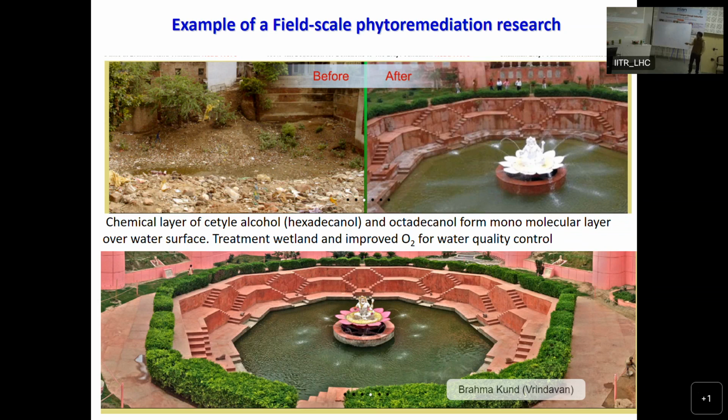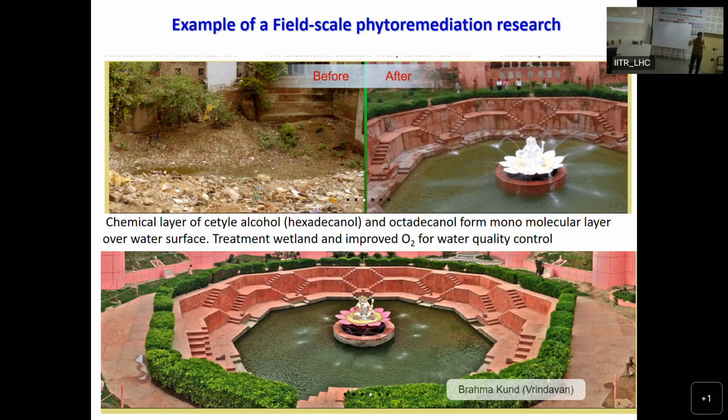The second issue was related to the water quality, and that was quite unsuccessful because initially we suggested they use these plants, and the plants could not improve the water quality. Then later on, we suggested they use the sprinkler. The sprinkler, you can see here, was installed later on. The idea of putting this sprinkler was not only aesthetic, but it was supposed to increase the dissolved oxygen.